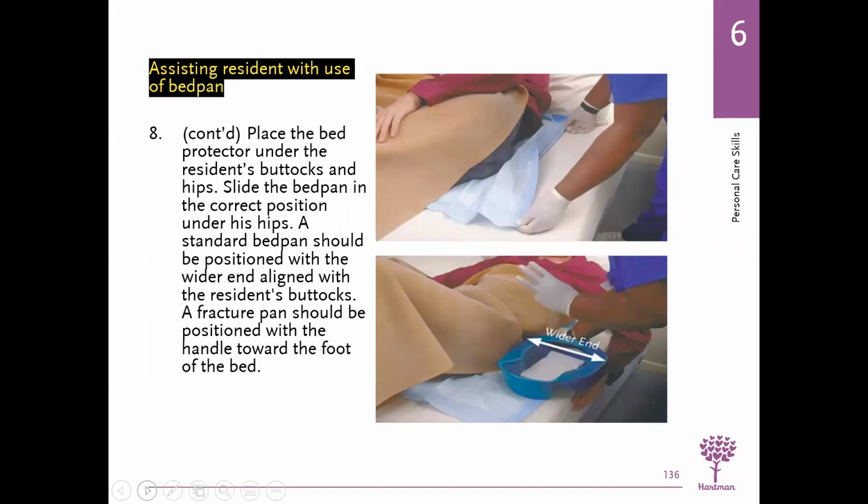Whenever you are using a bedpan, first, you're going to explain what you're going to do, provide privacy for your resident, and make sure you wash your hands before touching your resident. Gather all of your supplies, and pay very close attention to the supplies that you will need.